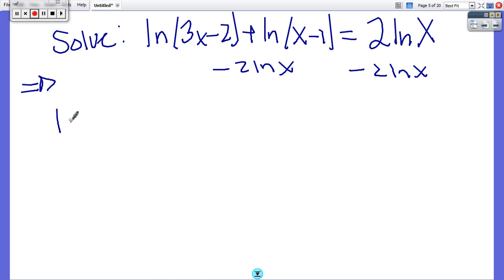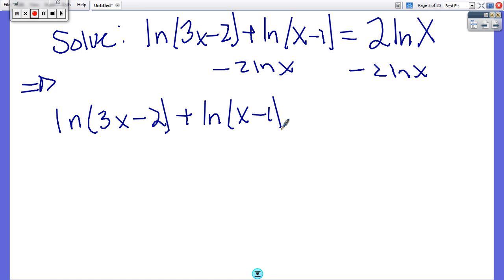I'm going to get ln of 3x minus 2 plus ln of x minus 1 minus 2 ln of x equals 0. Now, you're going to take this right here and substitute it into your calculator and figure out where it equals 0. Well, where does it equal 0? It's going to equal 0 where it crosses the x-axis, right?